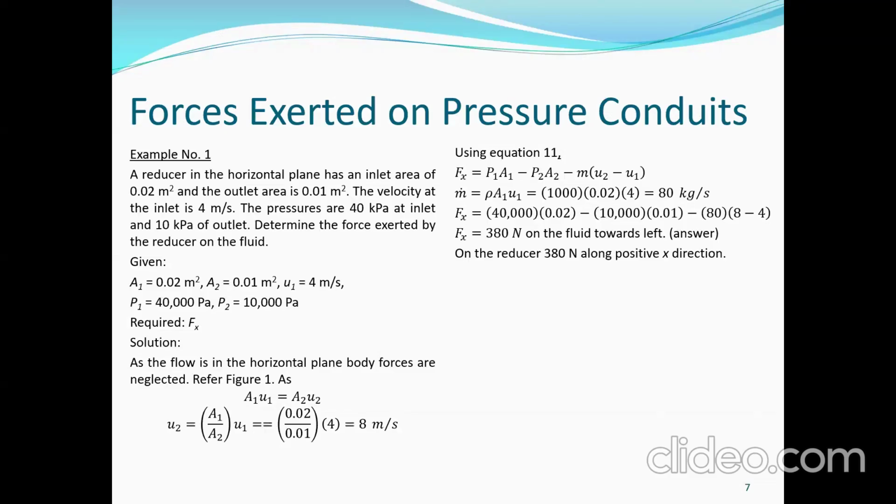So, from figure 1, as the flow is in horizontal plane, body forces are neglected. So, refer to figure 1. A1 U1 is equal to A2 U2. So, U2 is equal to A1 over A2 times U1 is equal to 0.02 over 0.01 times 4 or 8 meters per second. So, using equation 11 ba yun?